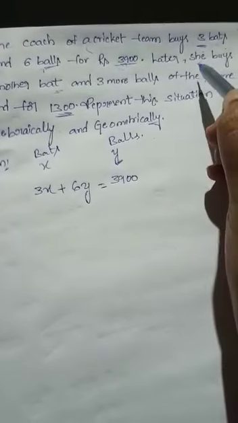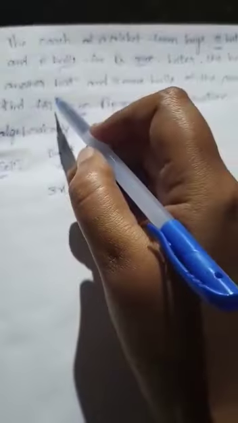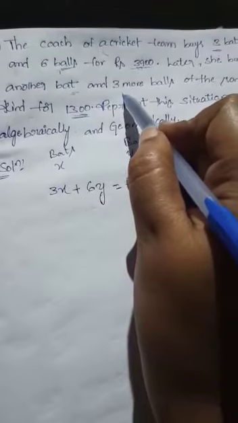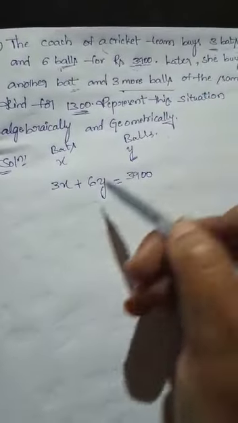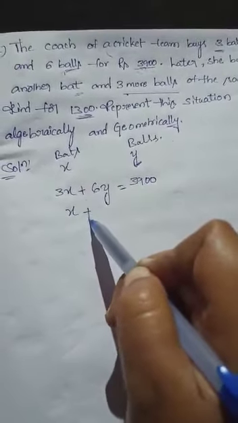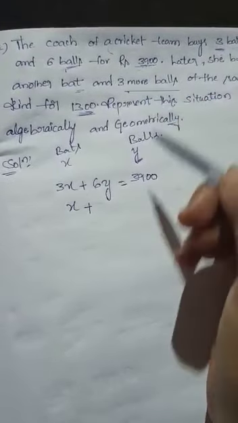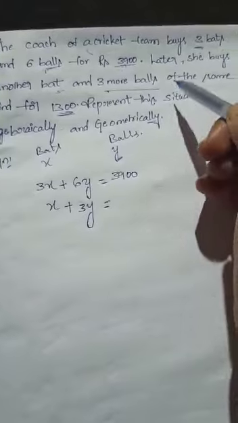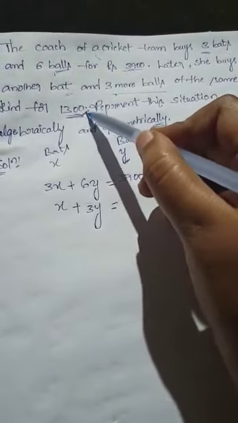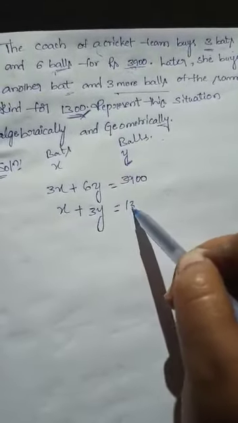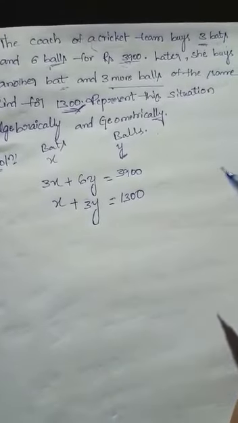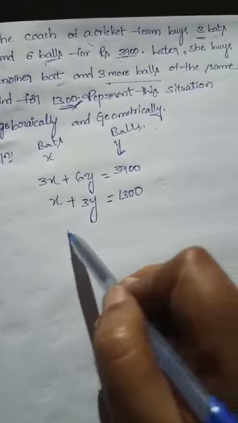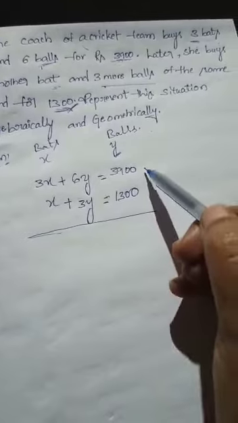Next, she buys another bat and 3 more balls. So 1 bat, x, and 3 balls, 3y, which is equal to how much amount? She buys for 1,300 rupees. We get 2 equations.